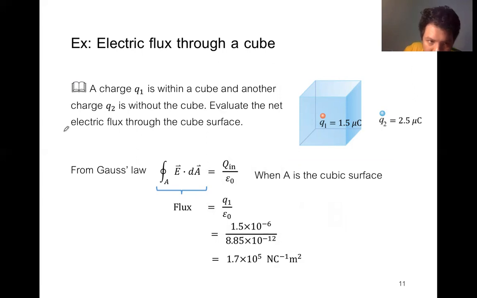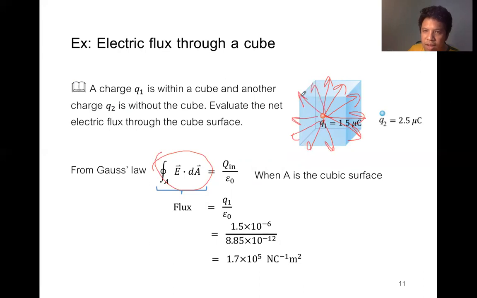They ask us to find the electric flux through the cube surface. If you want to find the electric flux, one way is to use integration. You need to find the electric field at many points, and you might need to integrate the electric field through the area.